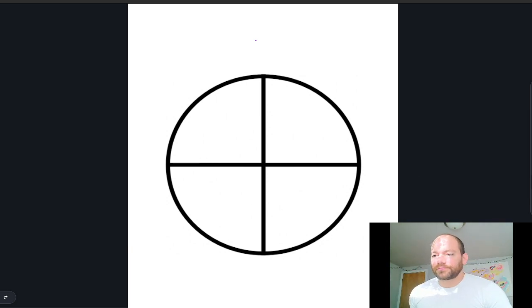Now, the distance around the entire circle is 2 pi r. This angle here, we can call this 0. Now, it's also called 2 pi because all the way around the circle is the angle of 2 pi, or 360 degrees.